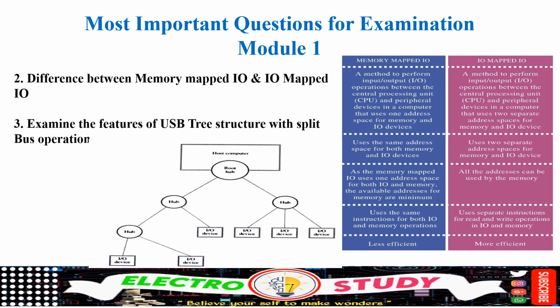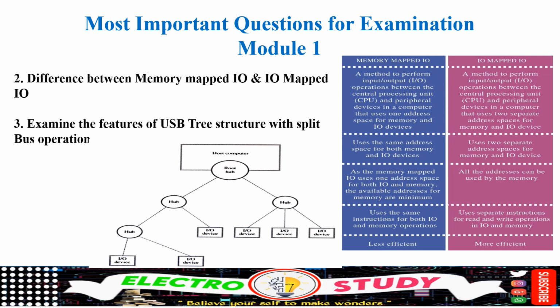So here you can see memory mapped and IO mapped. Memory mapped is a method where the input and output functions are performed between the CPU and the peripheral input output devices. The input output operations will be done between the CPU and the peripheral devices.